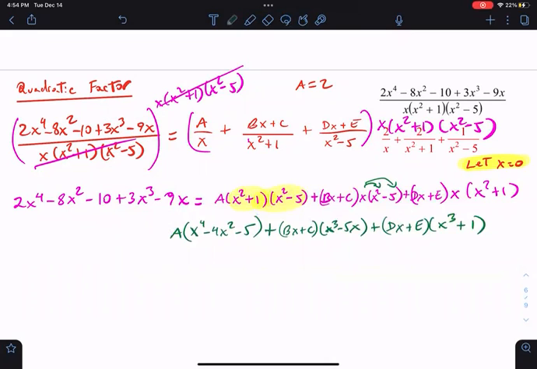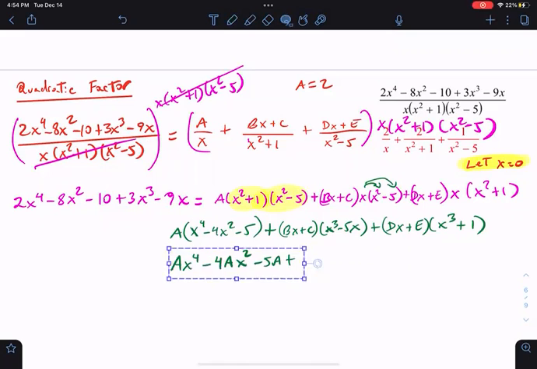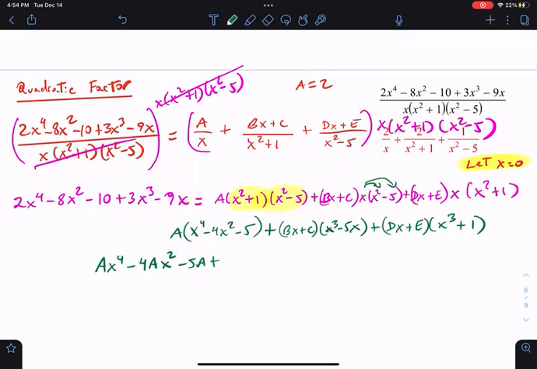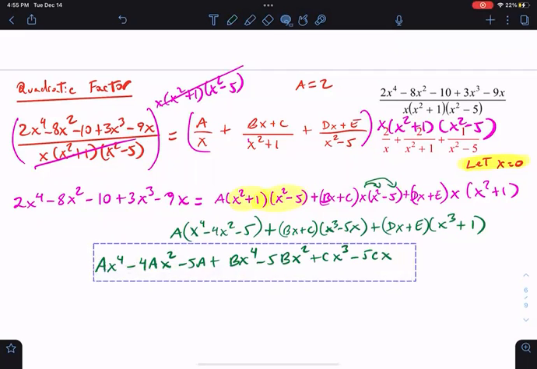Okay, now we need to expand this one more time. So this is ax to the 4 minus 4ax squared minus 5a. So we need to do FOIL here, right? And if you do FOIL here, you get bx to the 4 minus 5bx squared plus cx cubed minus 5cx, and then this is going to be whatever that is, right?